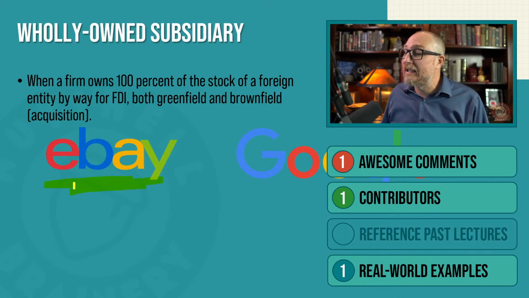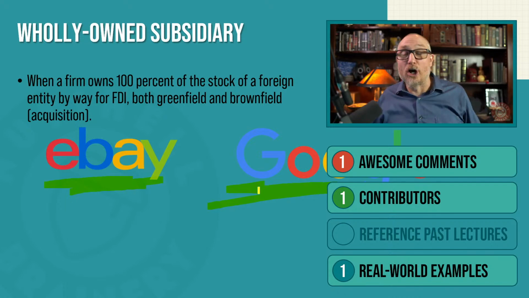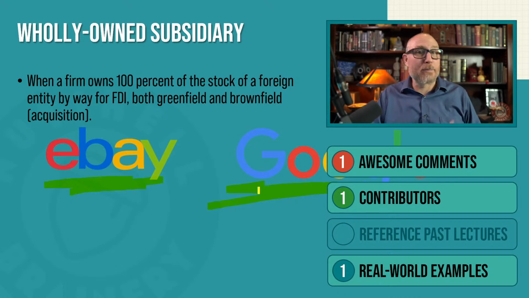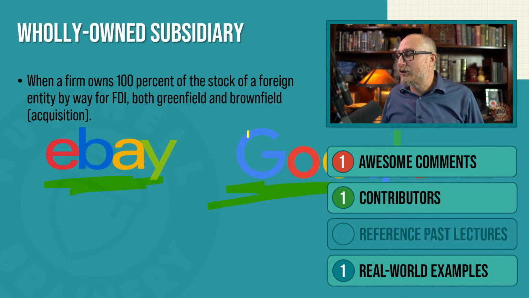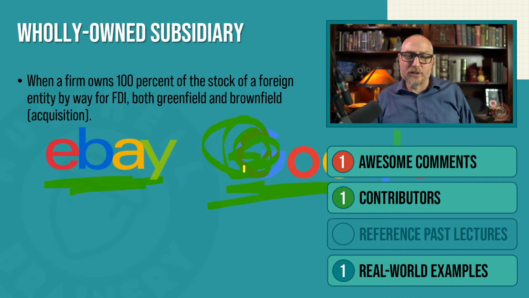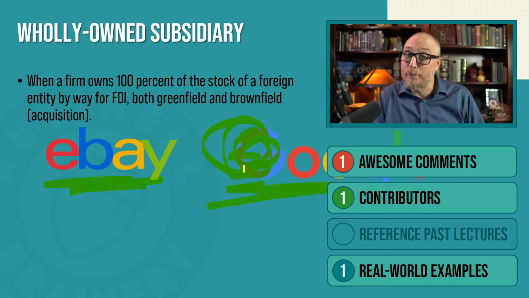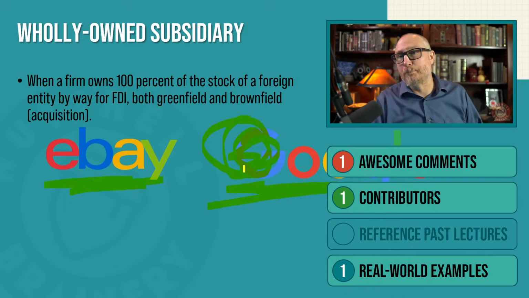This is how companies like eBay and Google and Amazon grow so stinking big and fast, is they just gobble up other companies and they become wholly owned subsidiaries. In fact, Google is now a wholly owned subsidiary of a company they created called Alphabet, I think it is, right? So this is how big companies grow very big, very fast. They just buy up others.